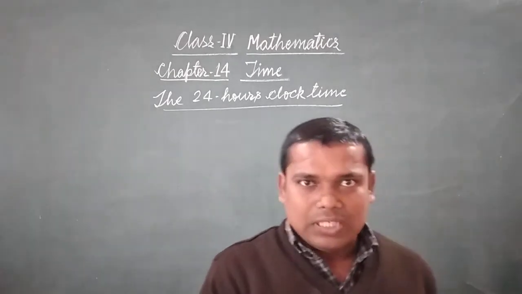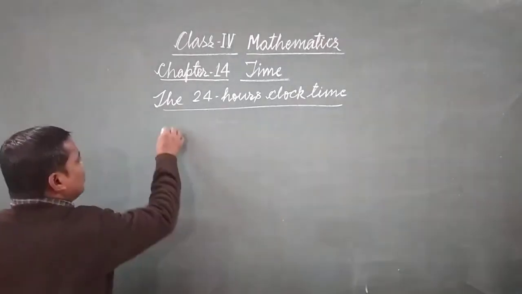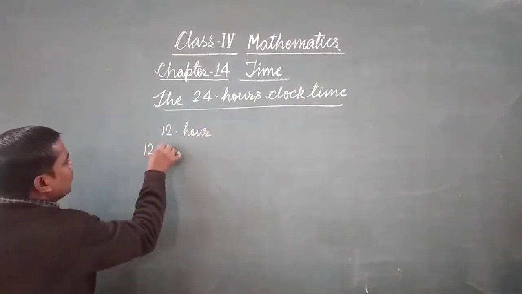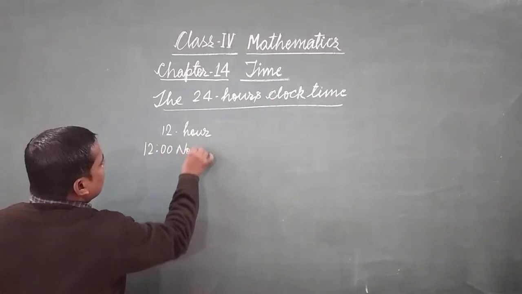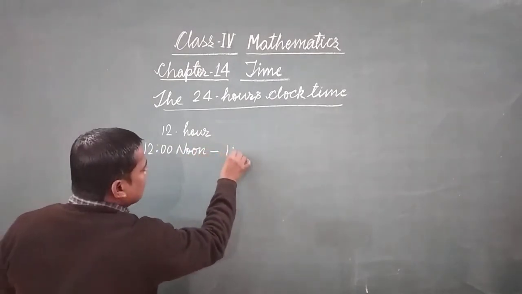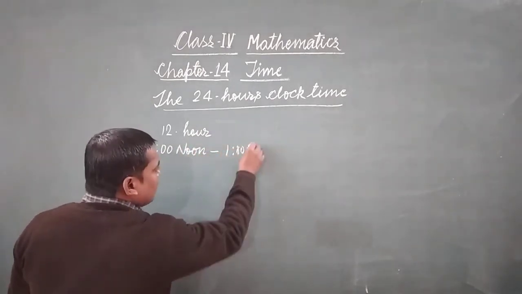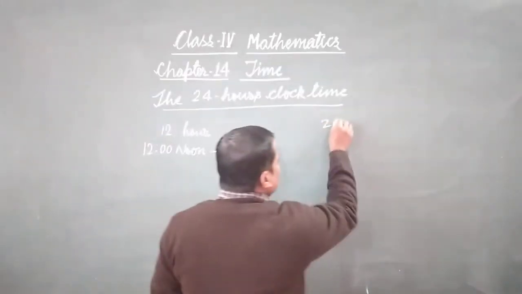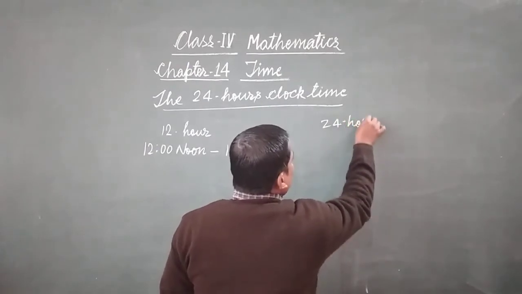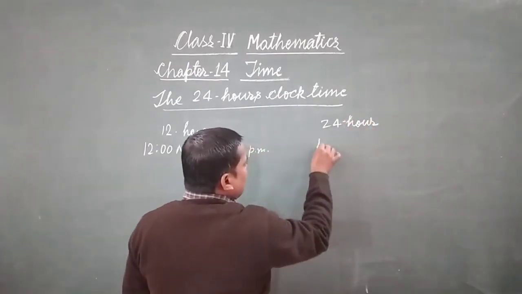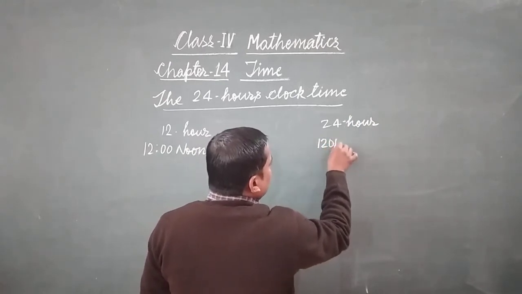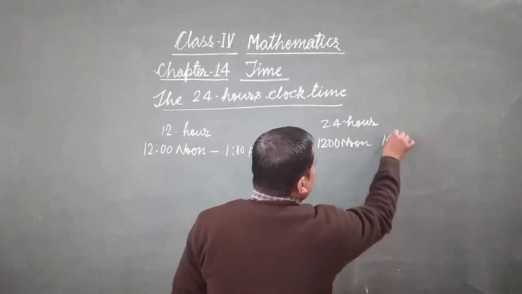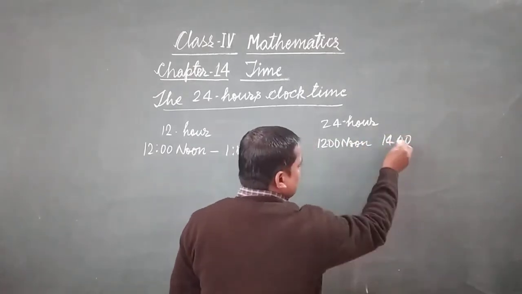In the 12-hour time system, as you know, after 12 noon we have 1 PM. But in the 24-hour time system, after 12 noon we have 13 hours.